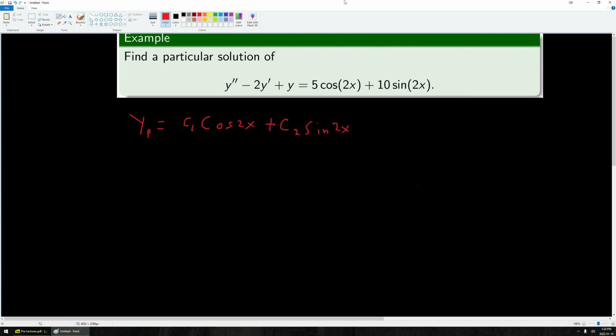Cleaning that up a bit, we get this thing here. This is my assumption, so if I want to test it, I need to compute its first and second derivative and plug them in. Just very quickly doing that.